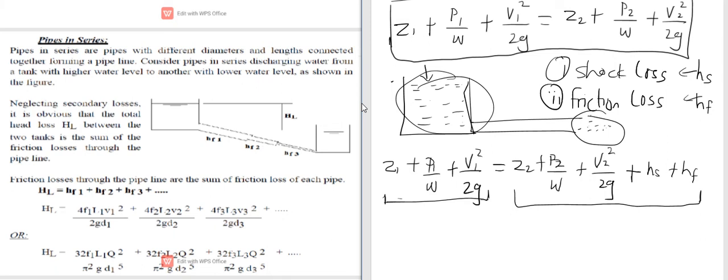Now you will know that all the losses cause, if this is the total, the loss HS will remove from this and the loss HF will remove from this to give us whatever energy we will have here. So basically the total energy here is an addition of the energy here plus the losses that have been incurred while the fluid was moving through this pipe.